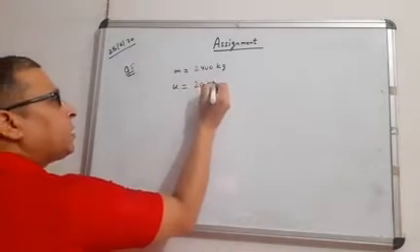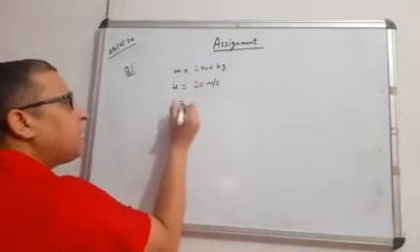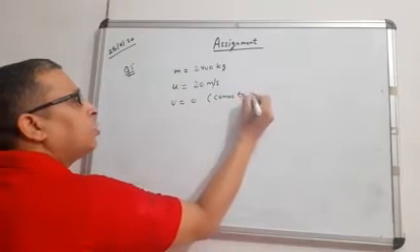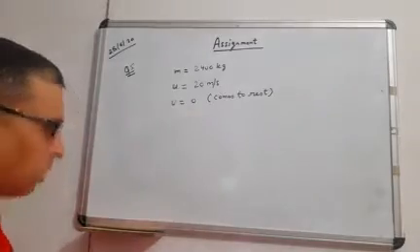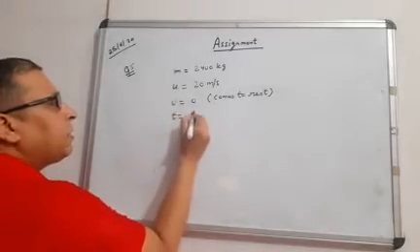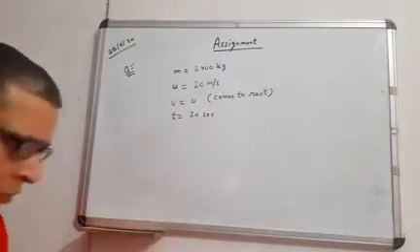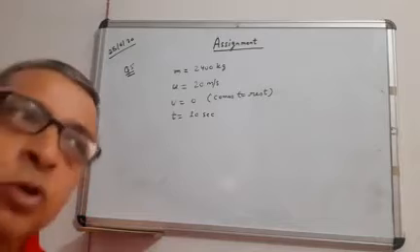Means this is our u and v will be 0 because the car is being stopped, comes to rest in 10 seconds. T given 10 seconds. What we have to find? Calculate the retardation and the retarding force.